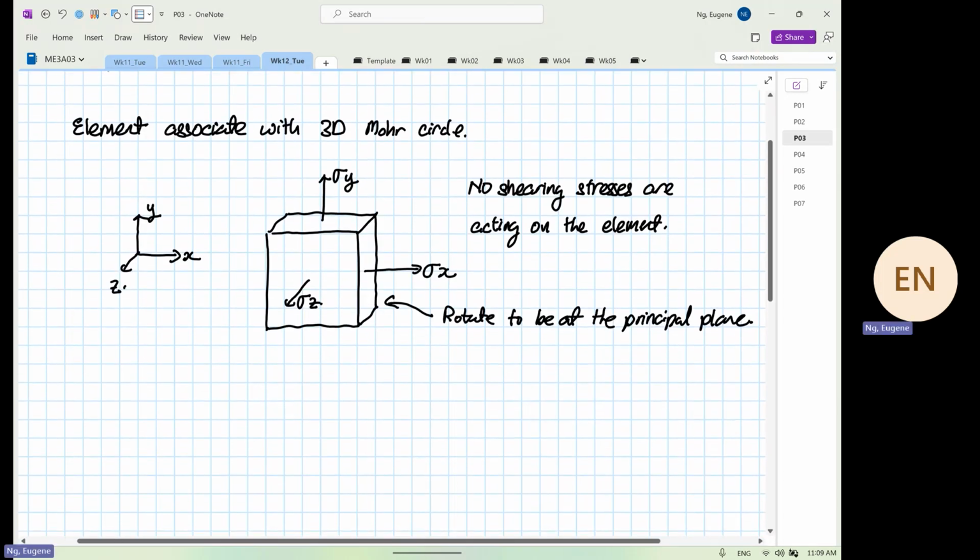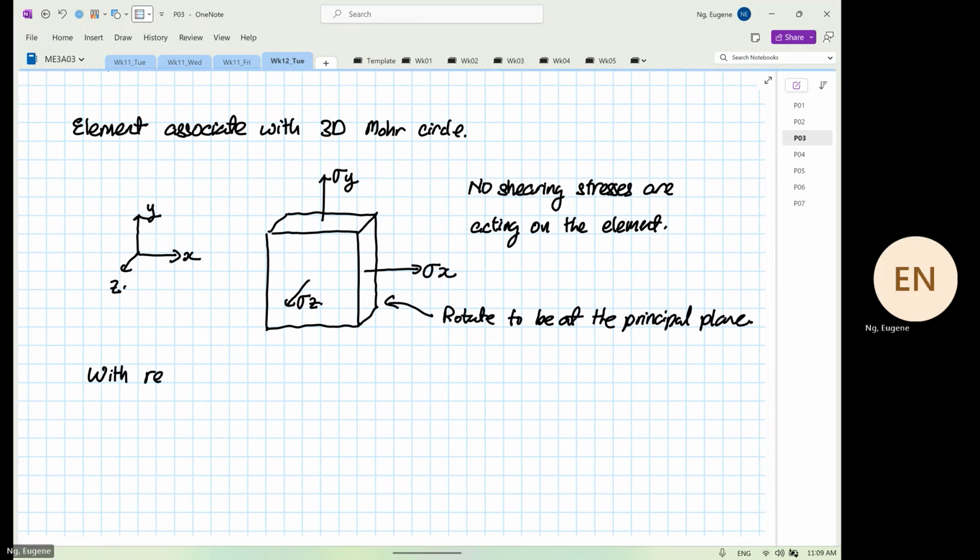So with reference to the element, we have three conditions. We are going to do condition number one.